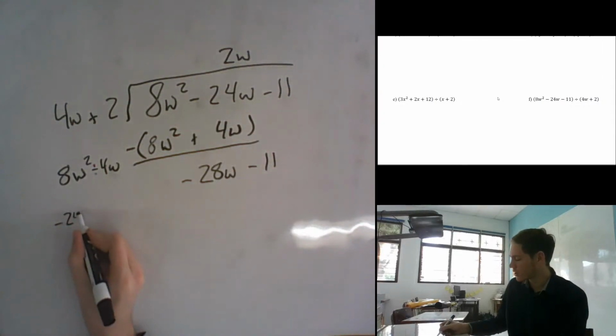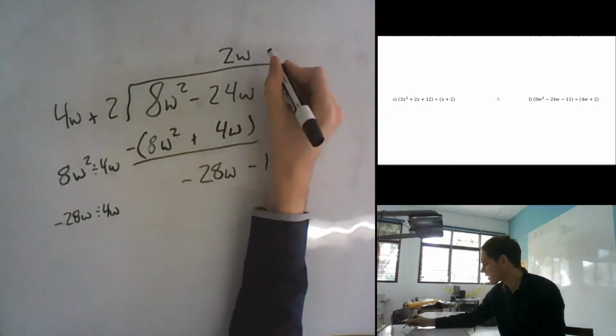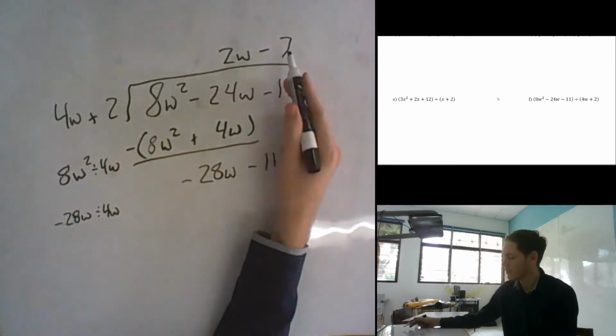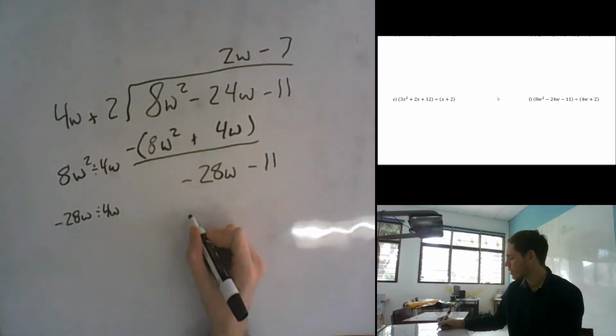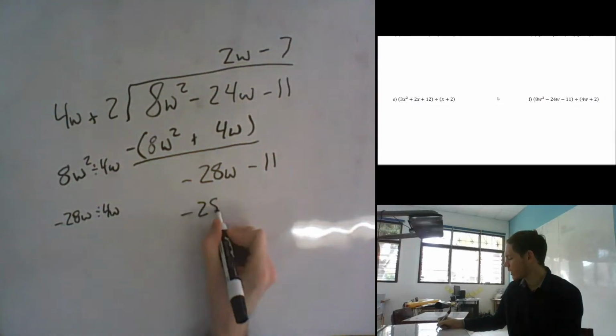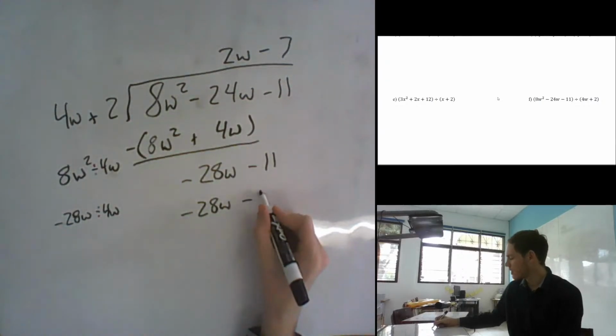Then we think, what's negative 28w divided by 4w? That gives us negative 7. Multiply negative 7 times this whole thing. Negative 7 times 4w is negative 28w. Negative 7 times 2 is negative 14.